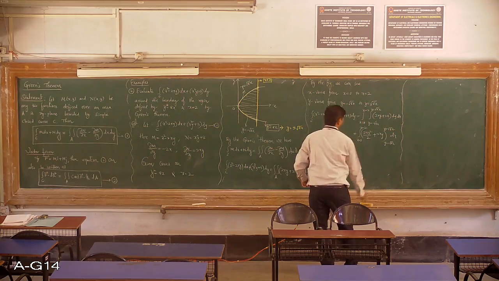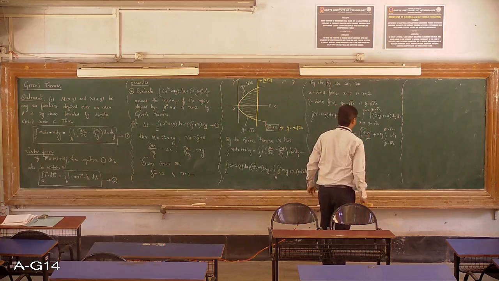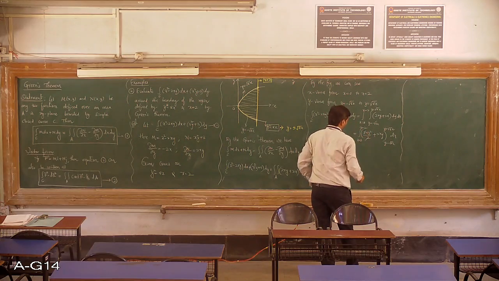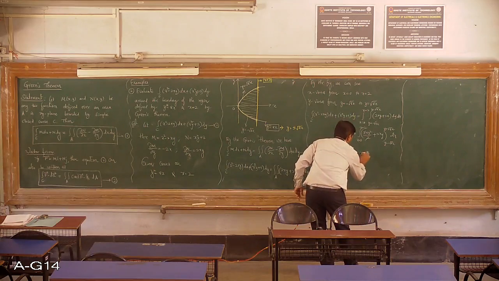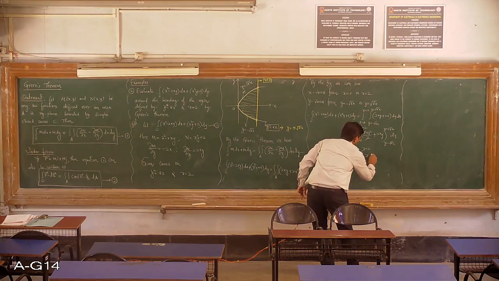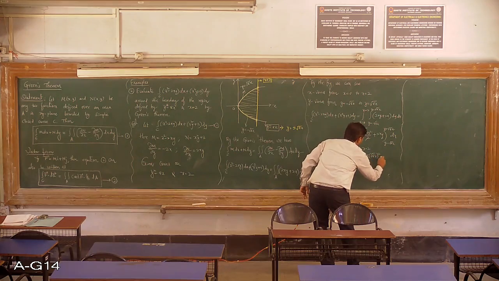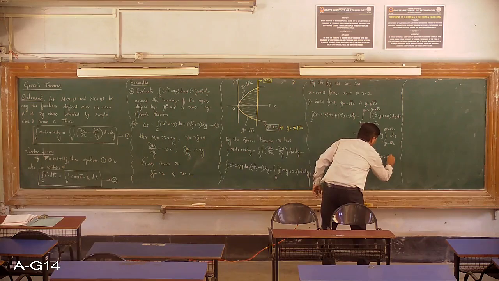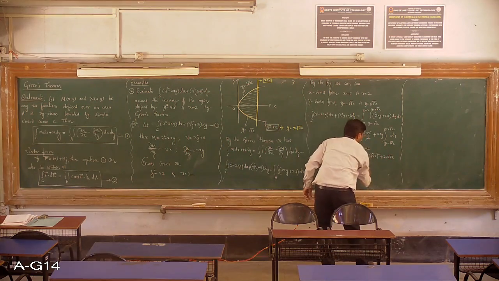Which is equal to, this 2 gets cancelled. So now put the upper limit, then integration from x equals 0 to x equals 2, x into root 8x square plus 2 into x into square root of 8x.